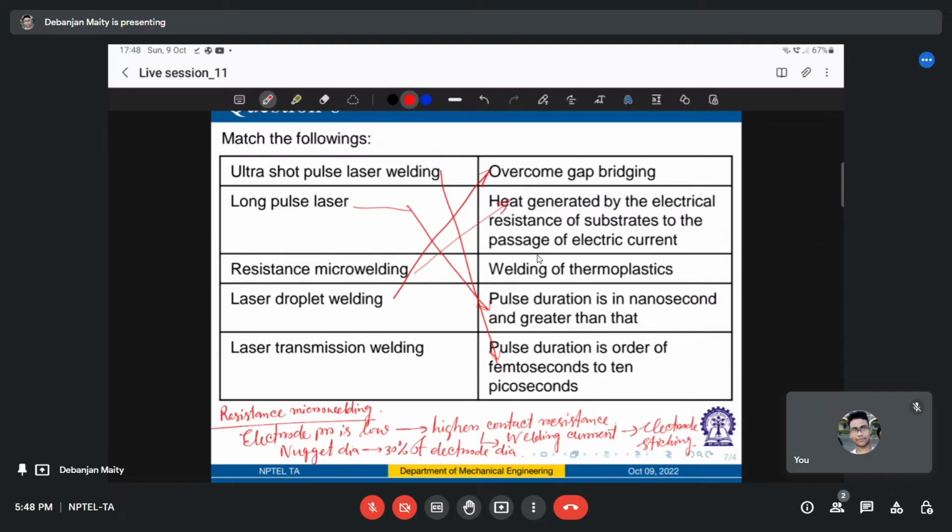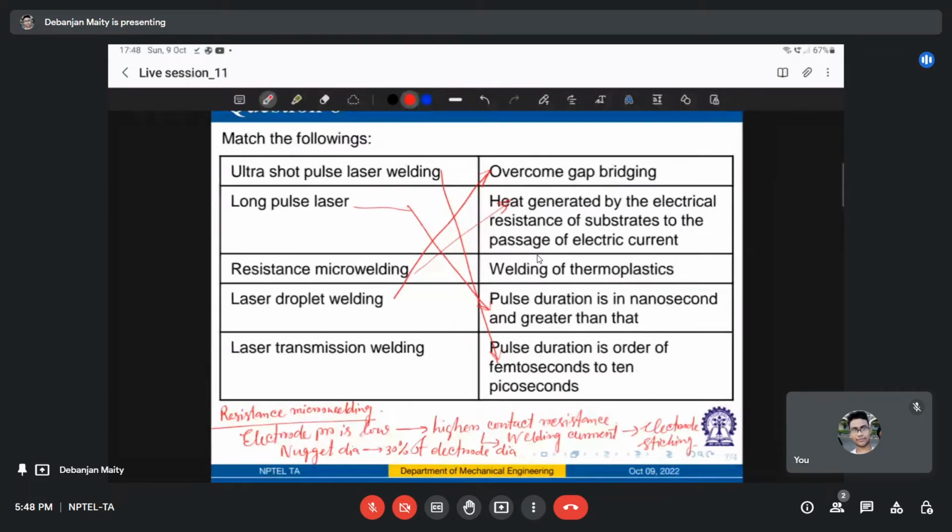So in laser transmission welding, a high beam quality laser like maybe a fiber laser is used, where easy degradation of thermoplastic materials is possible.